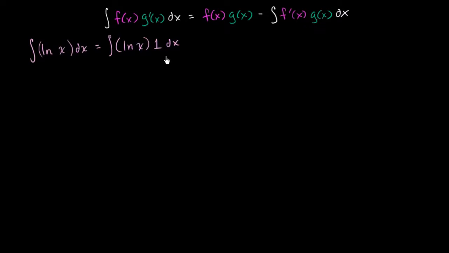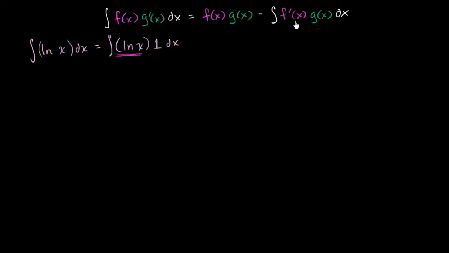And we've seen this multiple times. So when you figure out what should be f and what should be g, for f, you want to figure out something that it's easy to take the derivative of, and it simplifies things, possibly, if you're taking the derivative of it. And for g prime of x, you want to find something where it's easy to take the antiderivative of it. So a good candidate for f of x is natural log of x.